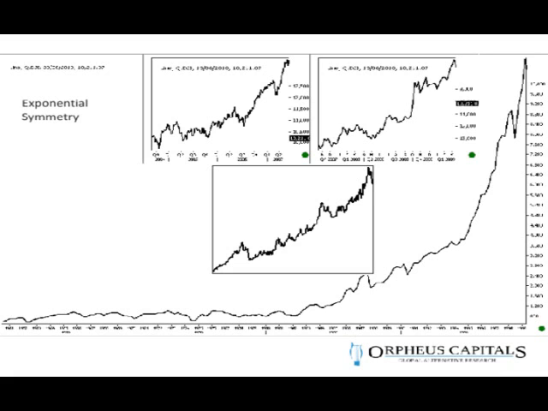On a linear scale, you can see that from 1961 till about 1990, the market moved less than 30% of the total move for 30 years, and from 1990 to 2000, in 10 years, one third of the time, it moved 70%.